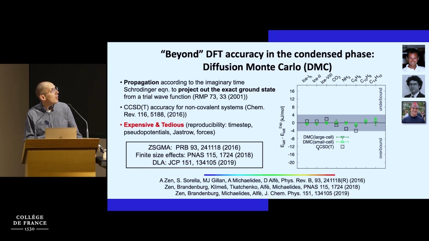And here's a plot, for example, comparing experimental lattice energies against diffusion Monte Carlo data for some of the ice phases and for other molecular crystals. And what you get out of these are computed numbers that are as accurate, potentially more accurate than the experimental data, because there are often large experimental error bars.